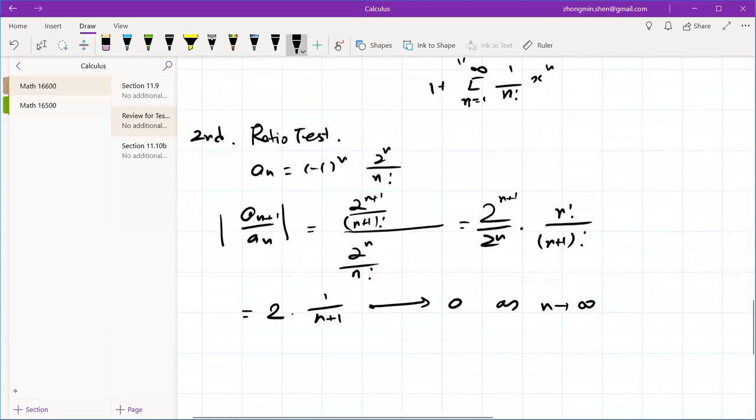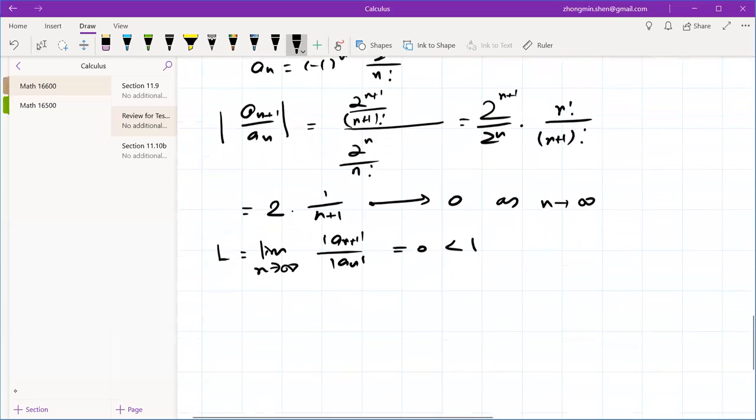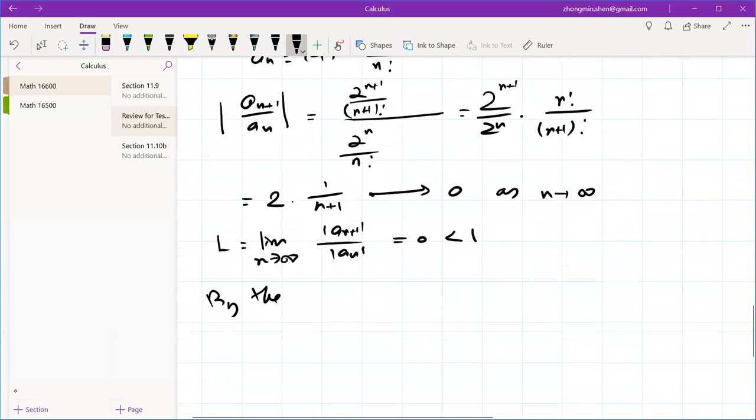So the limit L is going to be 0, less than 1. Now what can you say about the ratio test? By the ratio test, this one is convergent.